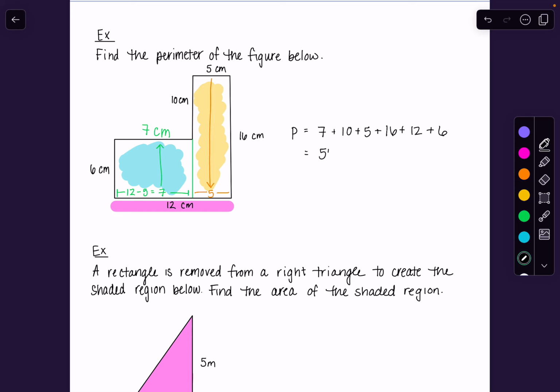So adding all of these together gives me 56. And again, because I'm working with a realistic measurement, it's perimeter. That means my units is just units to the first power. So the units here is centimeters. So the perimeter of this shape is 56 centimeters. Okay.